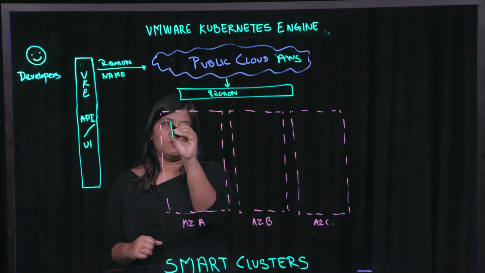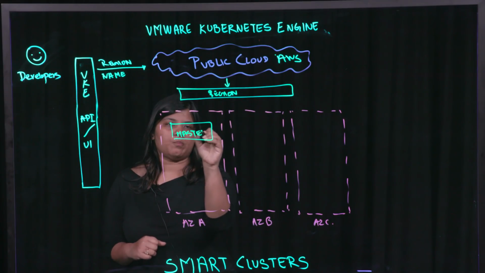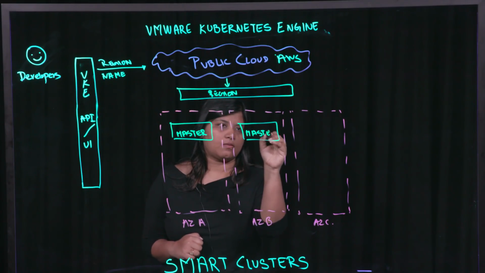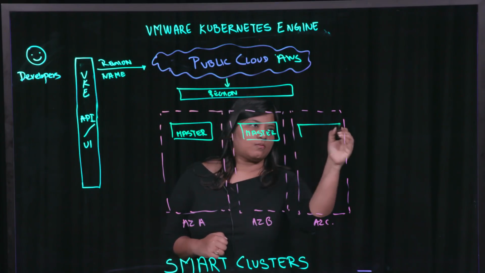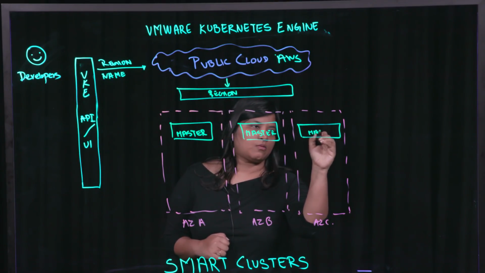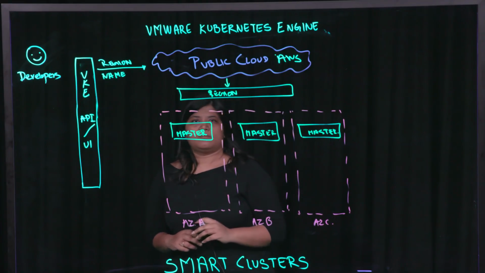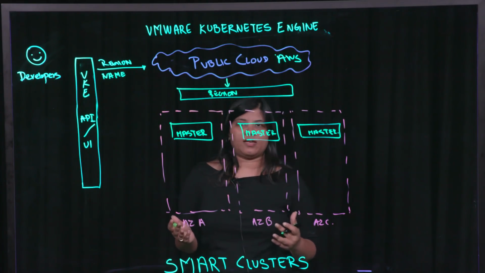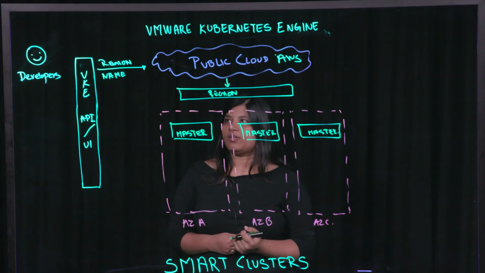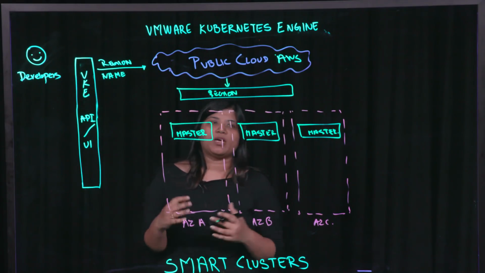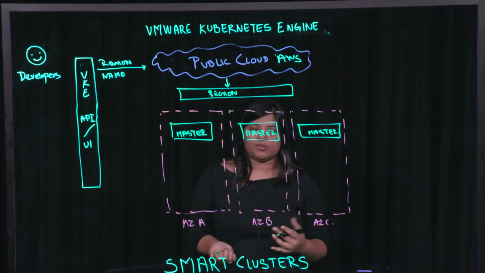So we get a master node for the cluster in each zone. Now that's as simple as that. VMware Kubernetes Engine will then give back the developer the API endpoint to talk to this cluster.